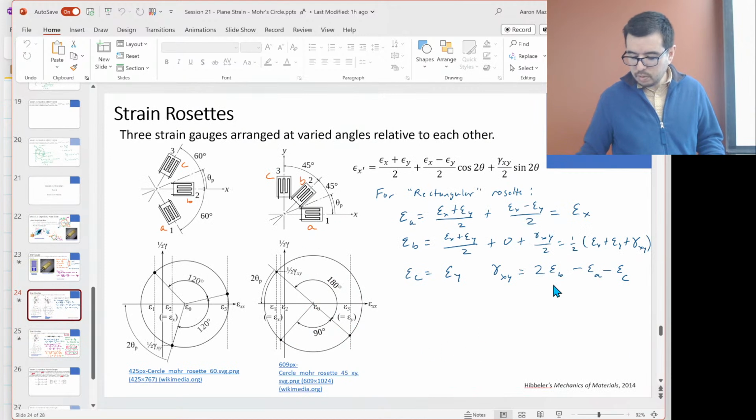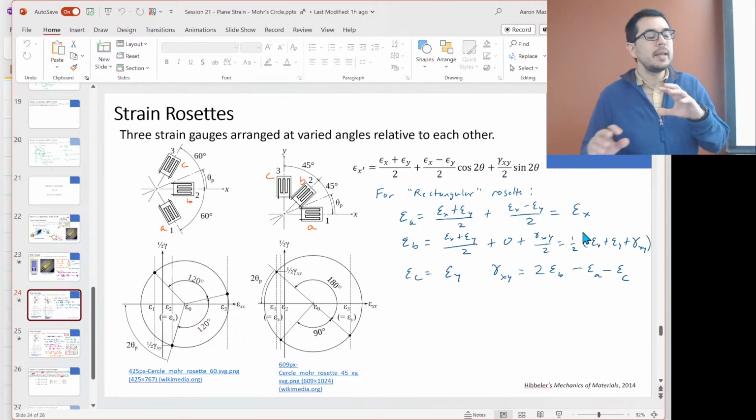We already have the equations for epsilon A, epsilon B, and epsilon C, and I gave you, essentially, epsilon Y and epsilon X. Or I didn't give it to you, you have to calculate it out.